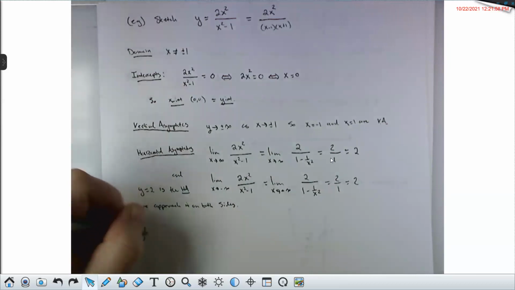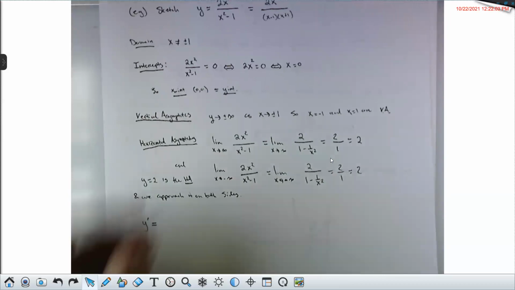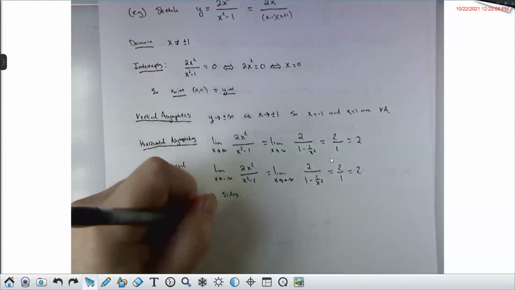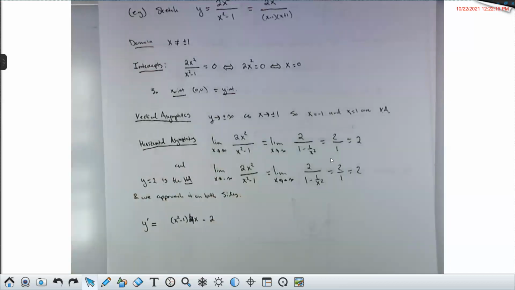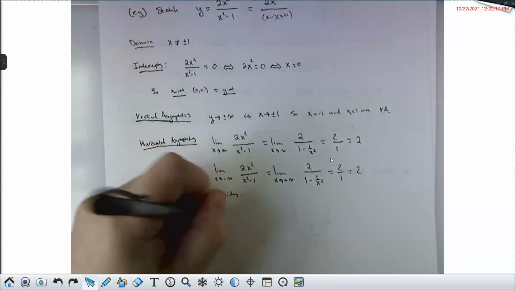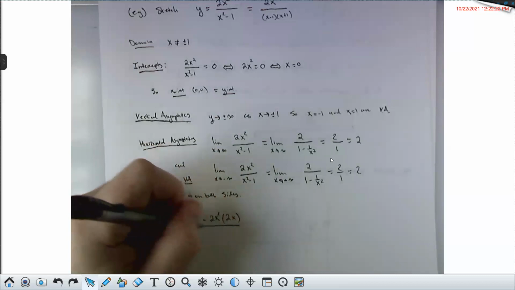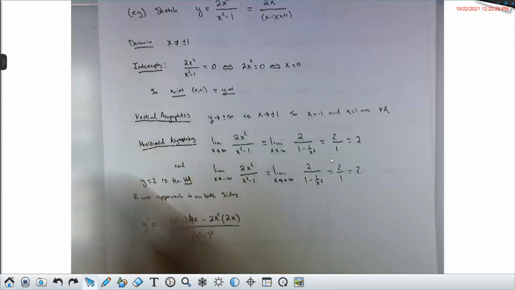My first derivative, I can cook up using the quotient rule, would be x squared minus 1 times 4x, minus 2 times 2x minus 2x squared times the derivative of the bottom, which is 2x, all over x squared minus 1 quantity squared.